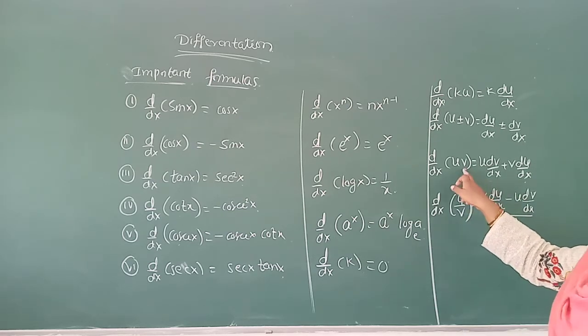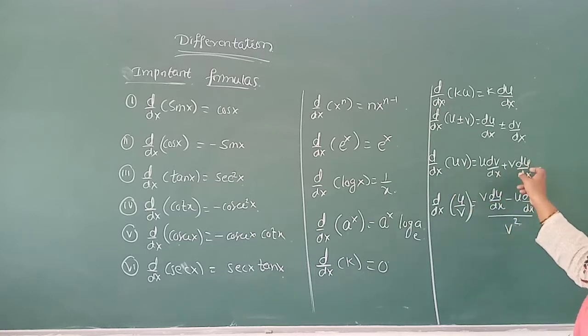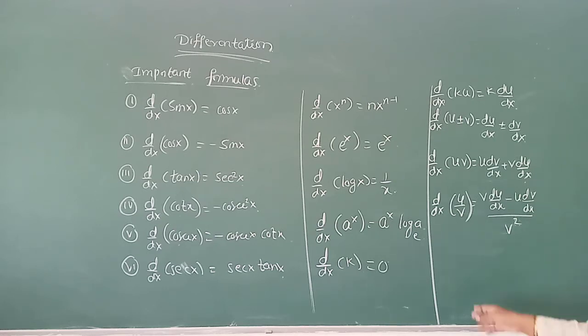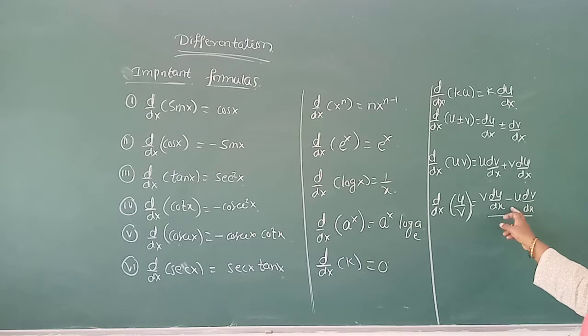Next, we write the second function as it is and do the differentiation of the first function. Next, d by dx of u by v, the quotient formula. For the quotient formula, the denominator is v square, and in the numerator we write v as it is, do the differentiation of u, du by dx, minus u dv by dx.